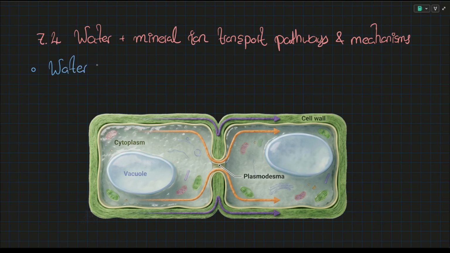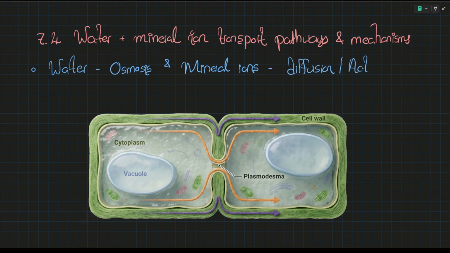Now, water is absorbed by osmosis. Simple enough, right? And mineral ions are just going to be absorbed by simple diffusion, or in cases of lower concentrations, active transport will be utilized.